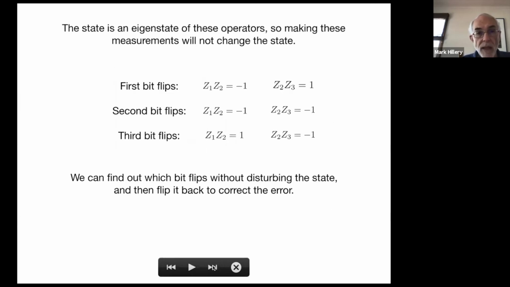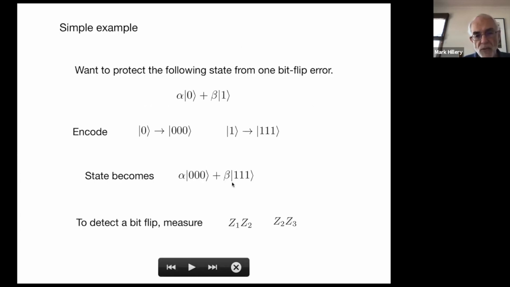Now suppose the first qubit flipped. So instead of alpha 0, 0, 0 plus beta 1, 1, 1, I had alpha 1, 0, 0 plus beta 0, 1, 1.